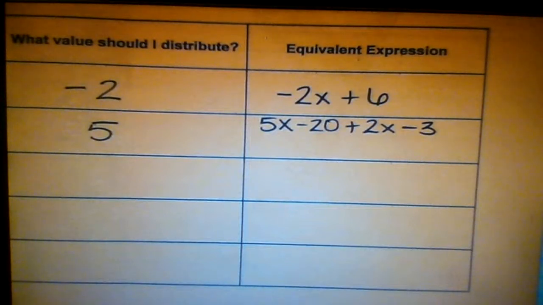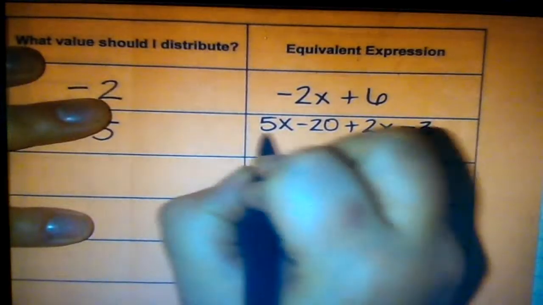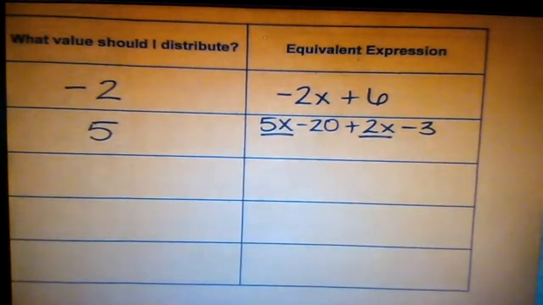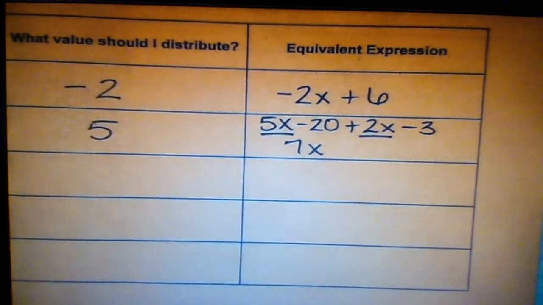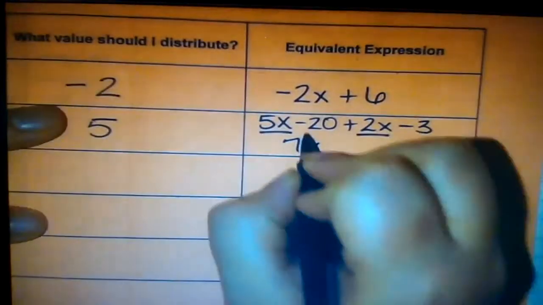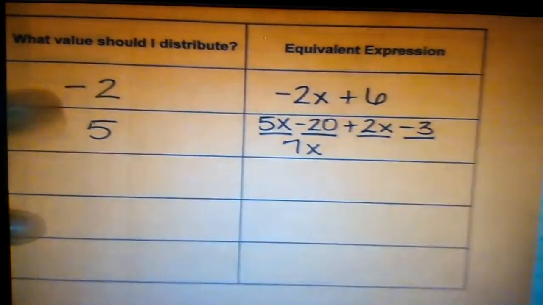Beautiful. Okay. So Stephanie has looked at this and said, well, we're not done. We have like terms. So Stephanie, give me 2 things that go together. 5x and 2x. Okay, so your 5x and your 2x go together to give us what, Steph? 7x. Amor, what else can go together? -20 and -3.